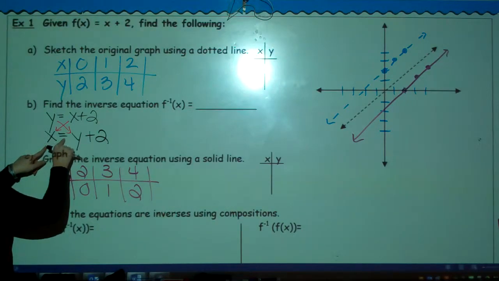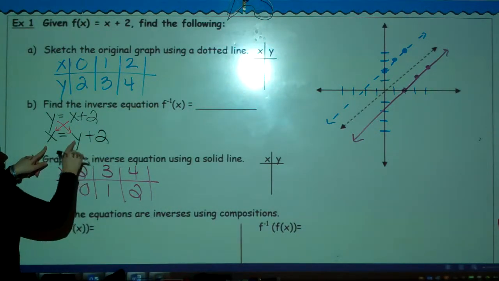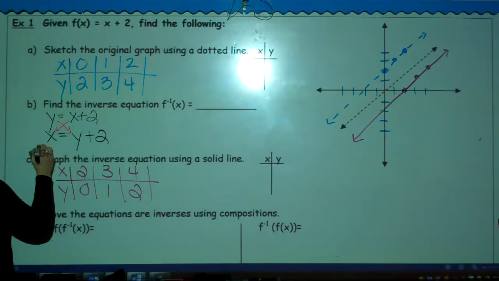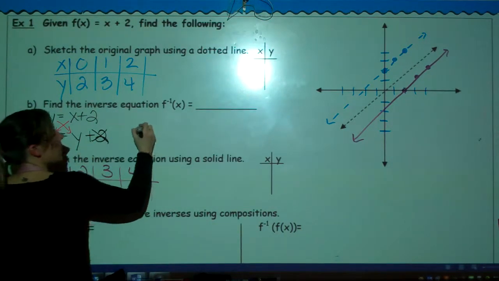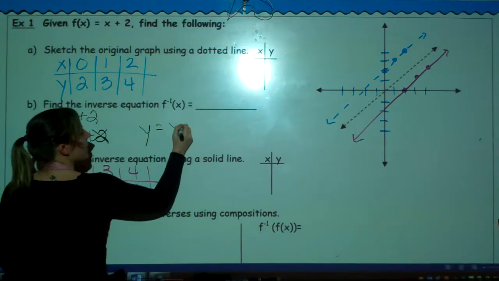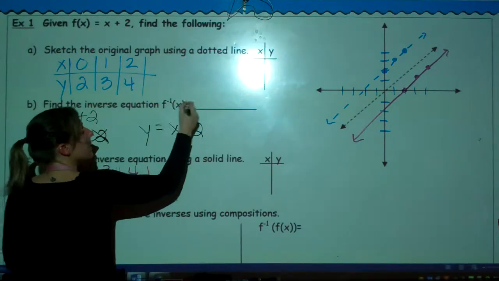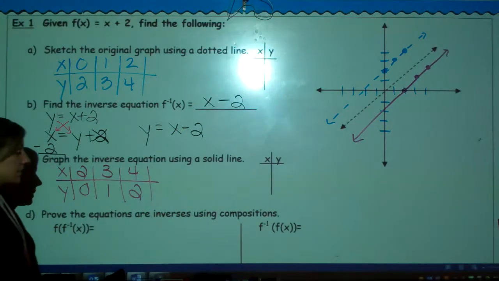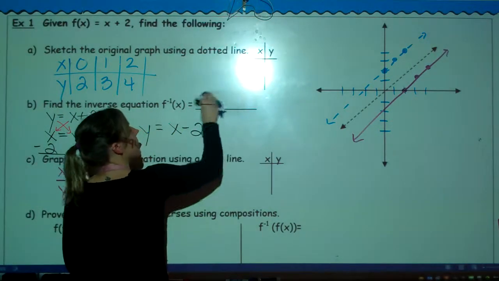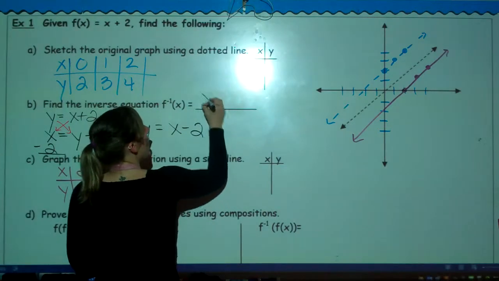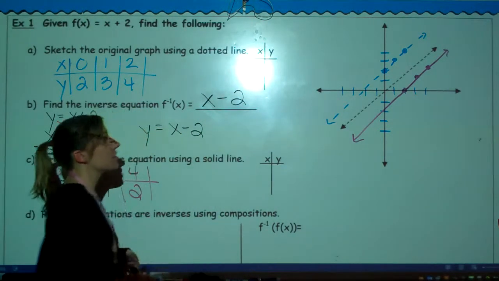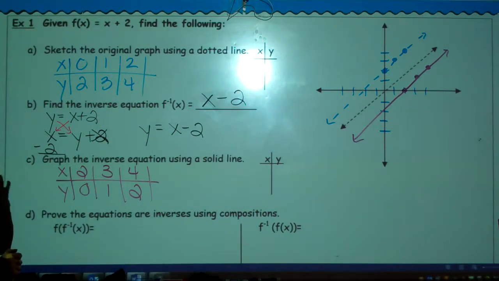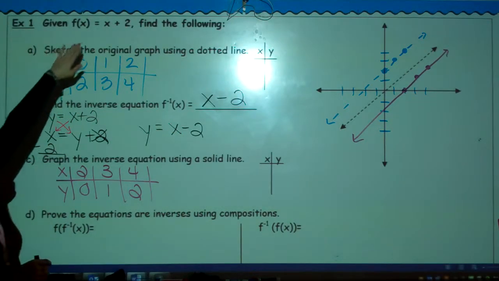So if you've got x equals y plus 2, in order to get y by itself, you would subtract 2 over here, and you would get y equals x minus 2. So the inverse is x minus 2. One pattern that my classes last year and I discovered was that it's really just the opposite of whatever we're given.